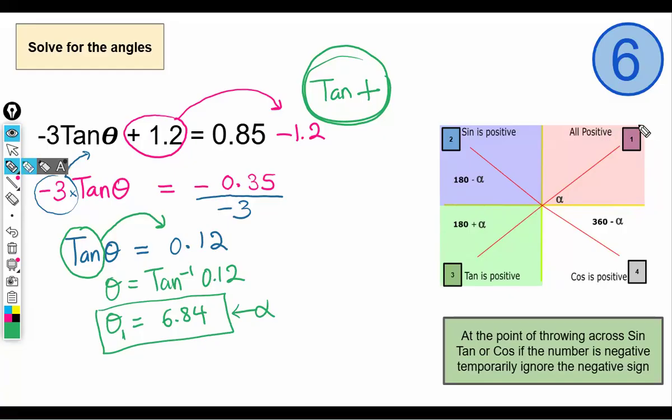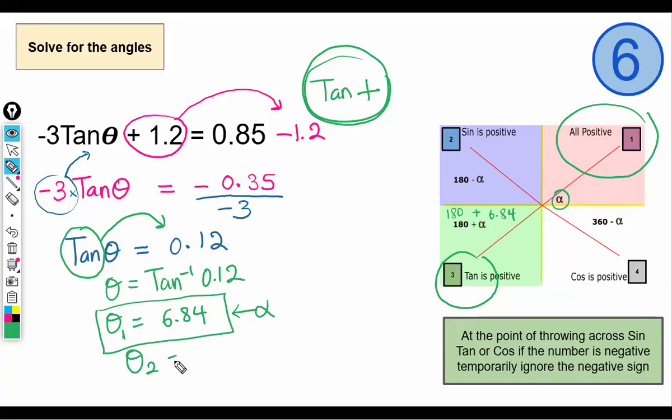Tan is positive in this region, region 1, and clearly region 3. We already have the first answer, alpha. And the formula in region 3 is 180 plus the alpha. So theta 2, our second answer, is 180 plus 6.84, which is 186.84 degrees.